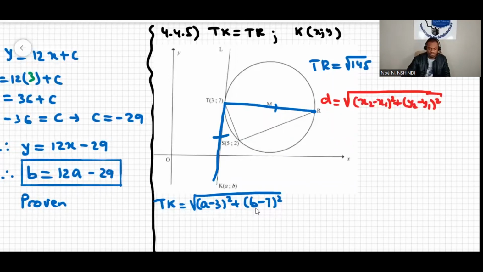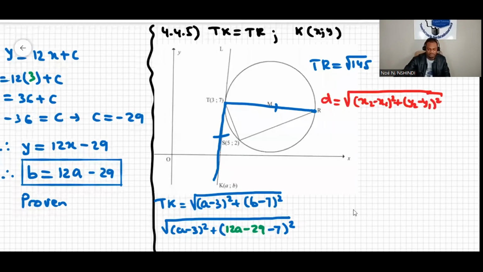So this will be the square root of A minus 3 to the power of 2 plus B. Instead of B, I'm going to write the value of B, which is 12A minus 29, minus 7 to the power of 2.